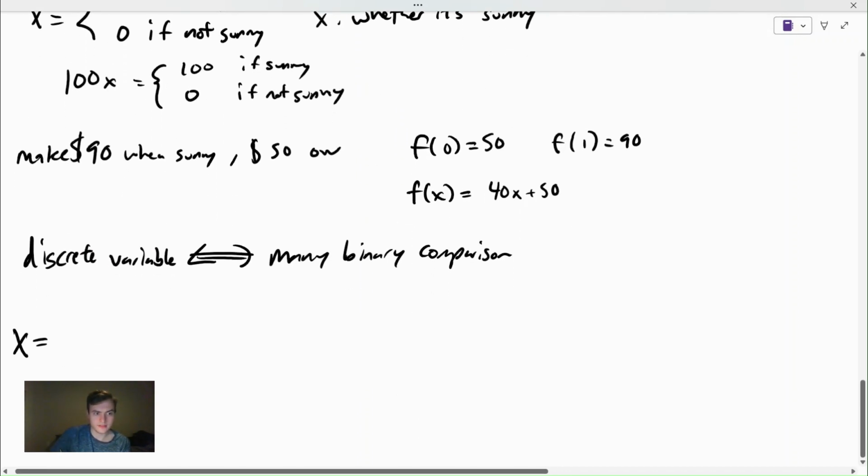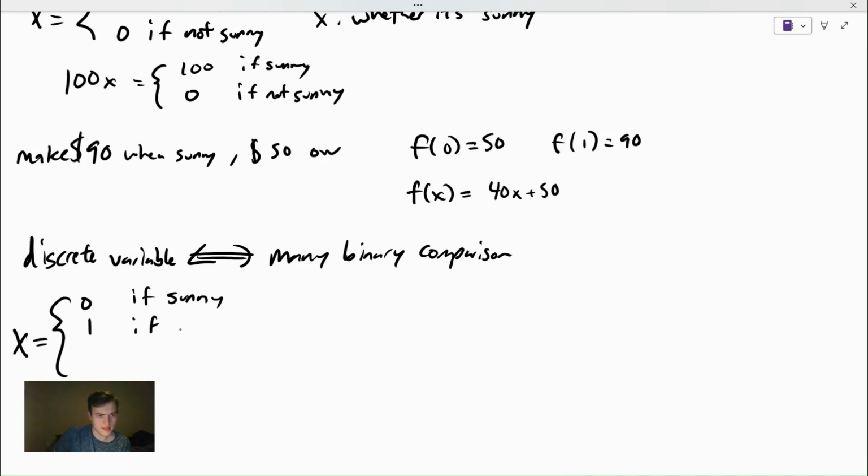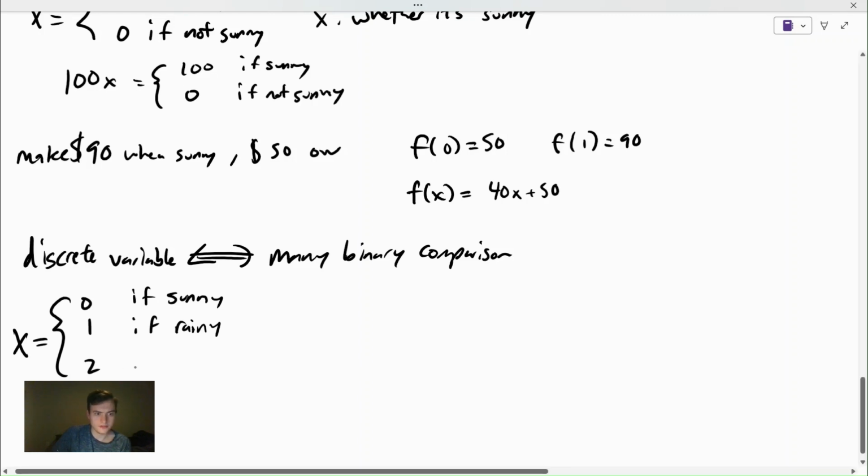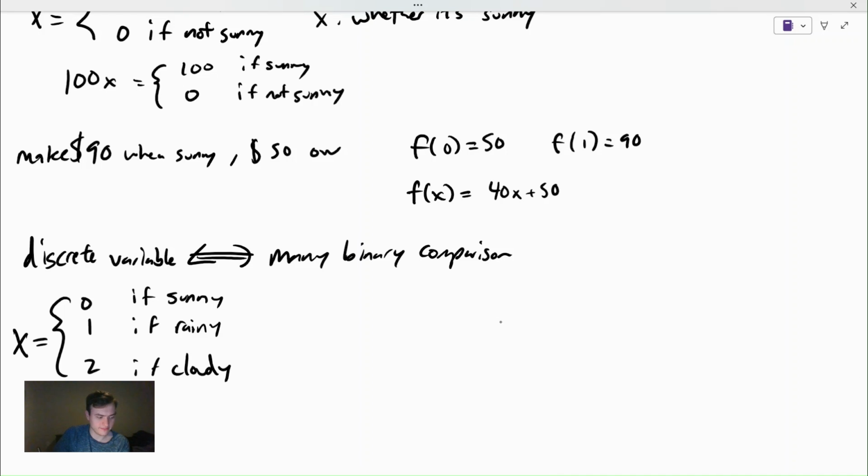A discrete variable would be something like this. It's 0 if sunny, 1 if rainy, and then 2 if cloudy. So there's 3 possible values. It's not binary, but it is discrete because there's a finite number of values.